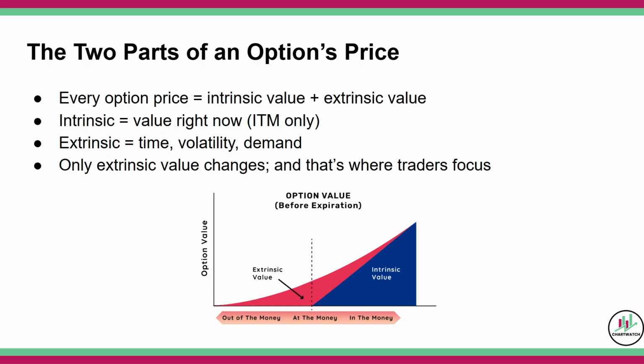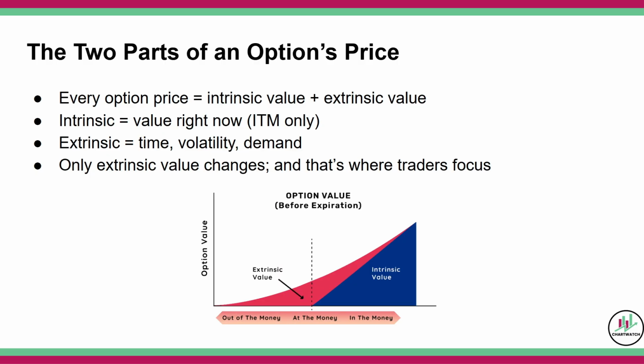The other, more confusing part of the option's price is the extrinsic value, and this is where things get a little more unpredictable. The extrinsic value is the part of the premium that reflects what could happen before expiration, and it's based on how much time is left, how volatile the stock is, how likely it is for the option to end up in the money, and sometimes just how many people are trading it, which is supply and demand.